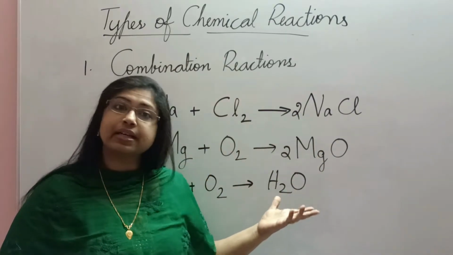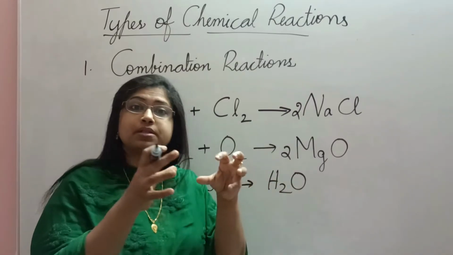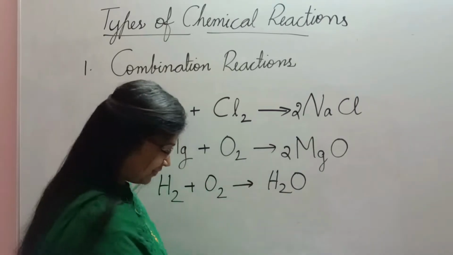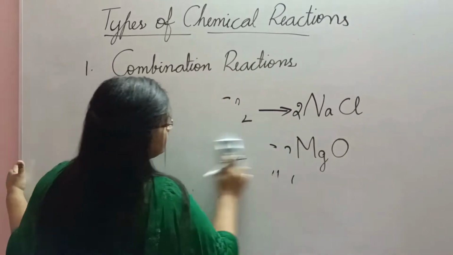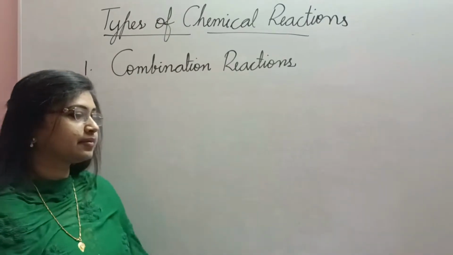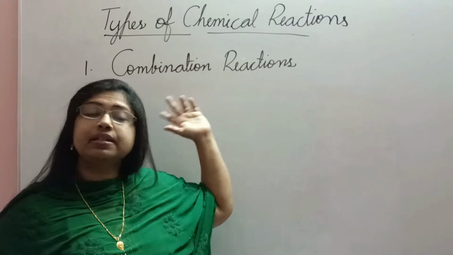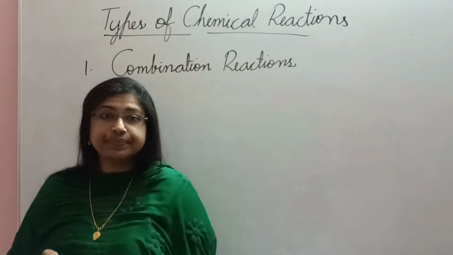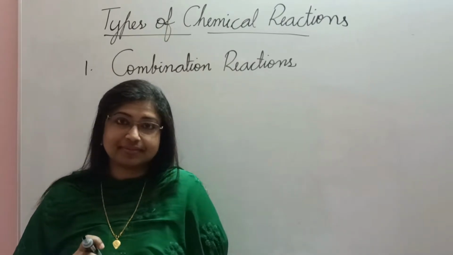Now, why don't we consider another combination reaction in which two compounds react with each other to form another compound? A classic example given in the NCERT textbook for combination reaction is the reaction of quicklime with water.